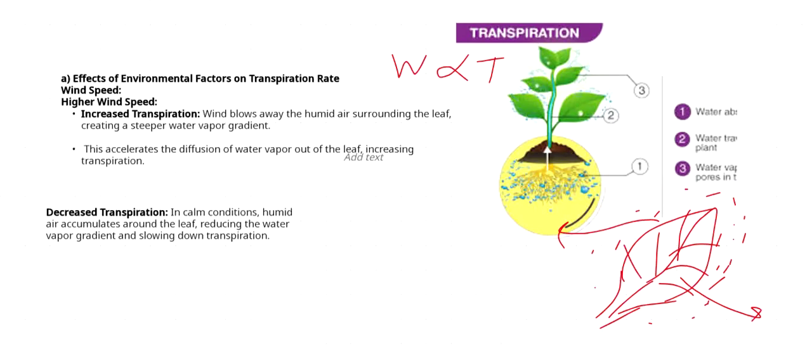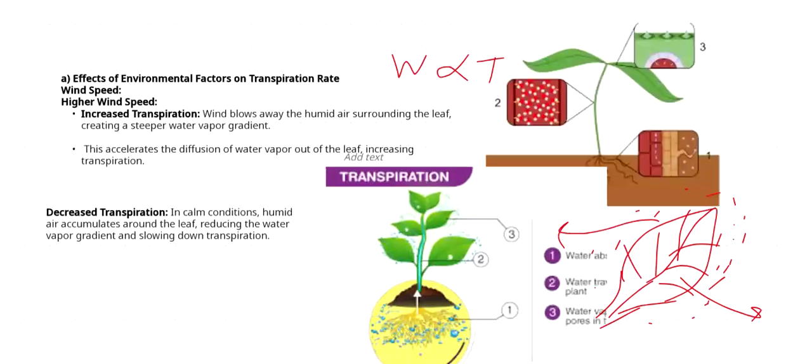And the other factor is humidity. Humidity is the concentration of water vapors in the air. So if the air outside the leaf has more water vapors compared to inside, then there is no diffusion, no movement of water vapors from the leaf to the outside air.